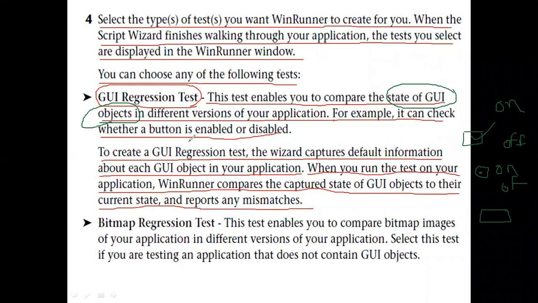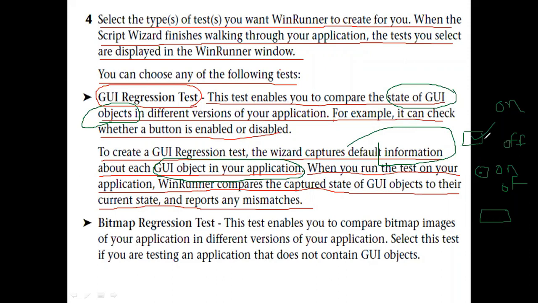So for example, it can check whether a button is enabled or disabled. To create a GUI regression test, the wizard captures the default information about each GUI object in your application. If you give the application, for example, the flight reservation system, and you select the regression test, then you are going to capture the default information of each GUI object in your application.